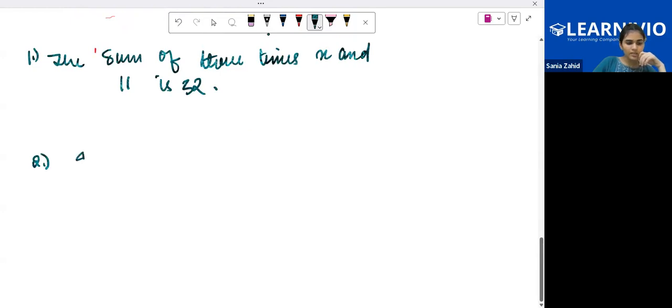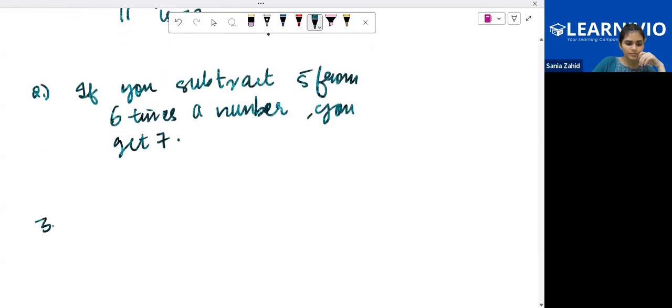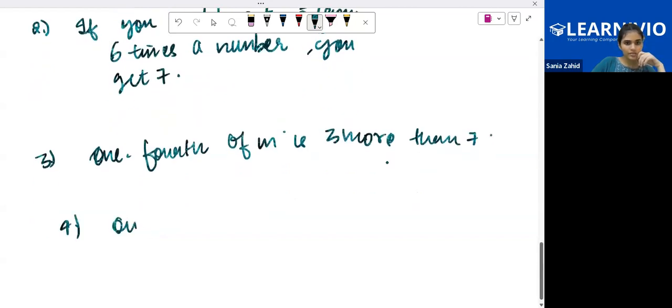The second is if you subtract 5 from 6 times a number, you get 7. 1/4 of m is 3 more than 7. And the last is 1/3.